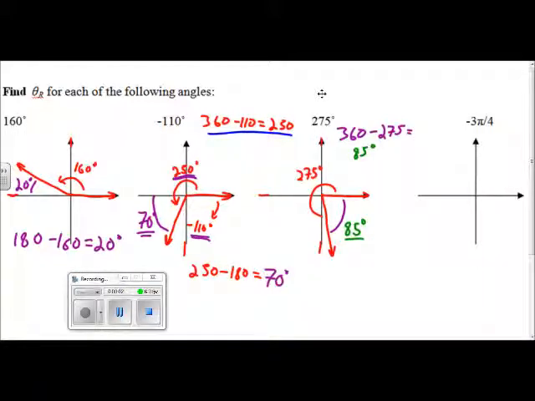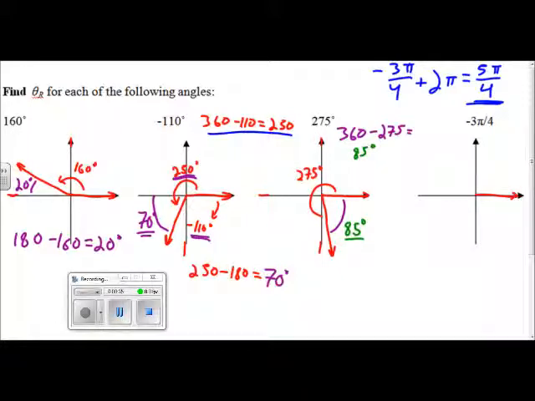This last one may be a little bit tricky because it's given to us in radians. We have negative 3 pi over 4, which might be best to find in its positive coterminal value. So we would do negative 3 pi over 4 plus 2 pi. That's going to give us our positive coterminal value, which comes out to 5 pi over 4. So we can use that value instead.